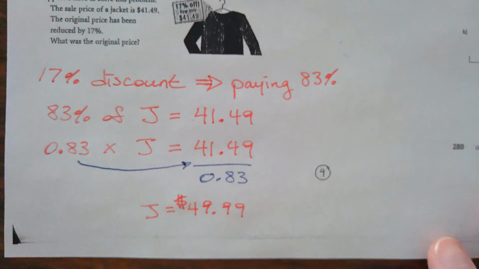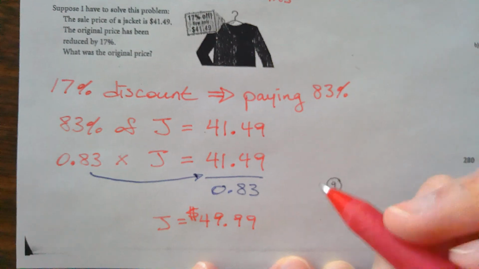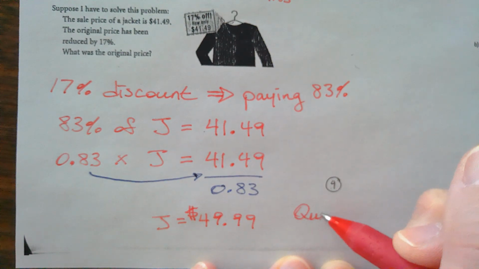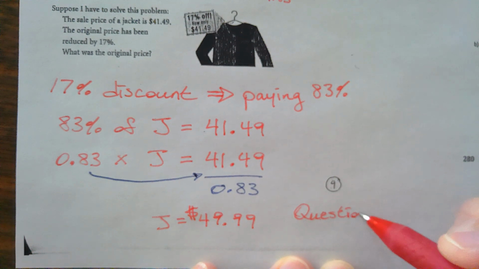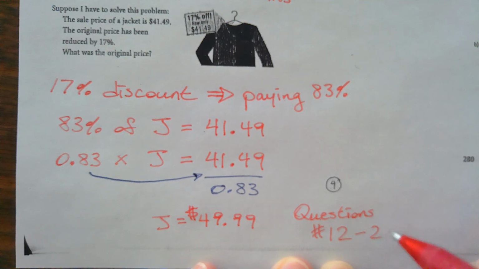Alright, so we were actually doing solving algebra since chapter 2. Okay. So for homework and the rest of the class, you are finishing off the rest of the questions. So questions number 12 to 22.